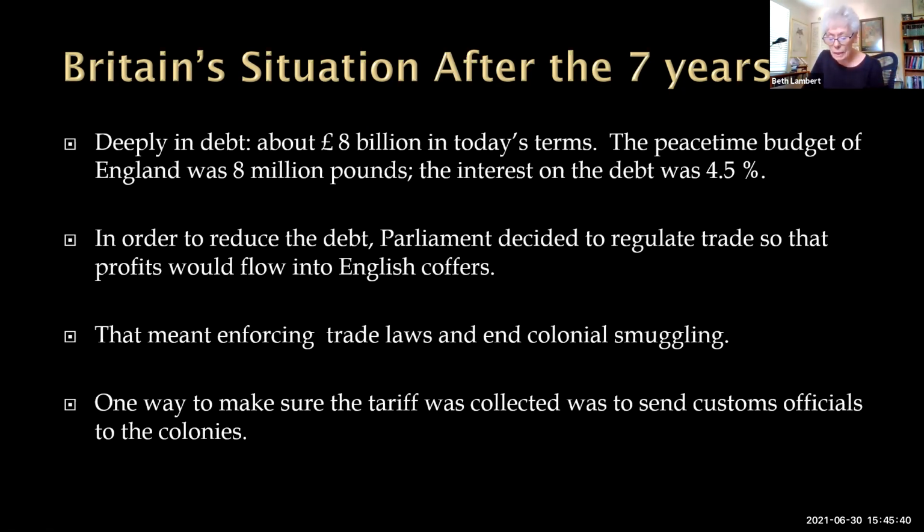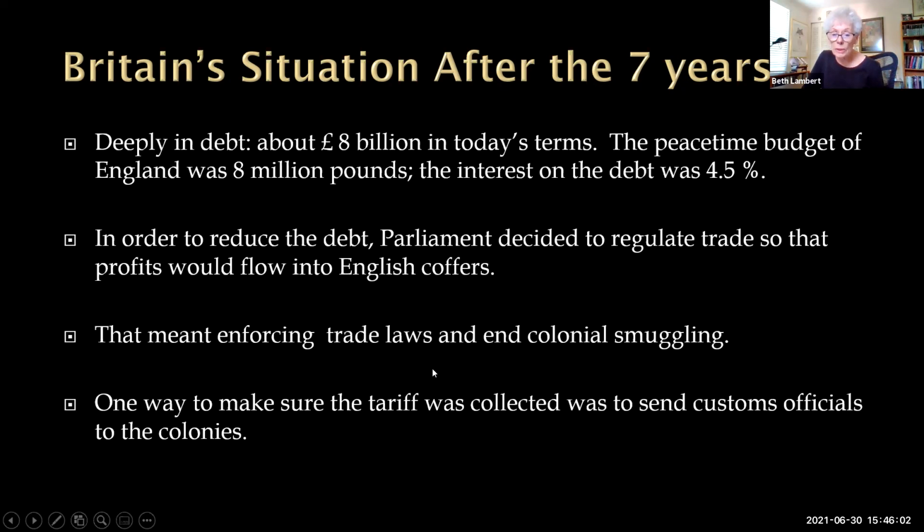The interest on the debt was 4.5 million. In order to reduce the debt, Parliament decided to regulate trade so that profits would flow into English coffers. That meant enforcing trade laws and ending colonial smuggling.